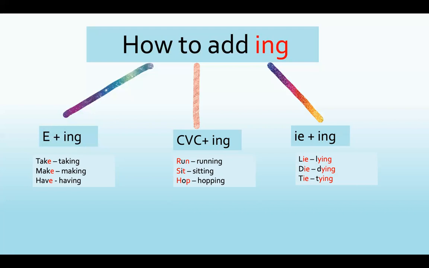So I and E changes into Y. Lying, dying, tying. So these are three very simple basic rules that you need to know in order to conjugate something in the present continuous tense, or in order to have good spelling skills.